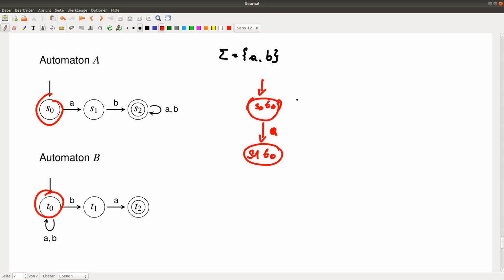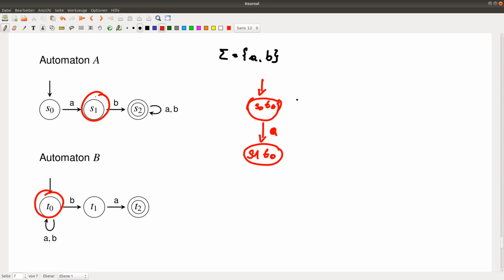Then we have the problem that in automaton A we cannot do a transition with a B, therefore S0 T0 doesn't have any transition. So the next state we are handling is now S1 T0.